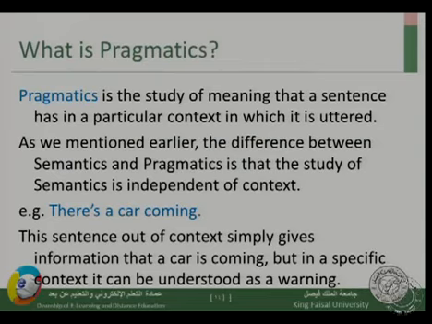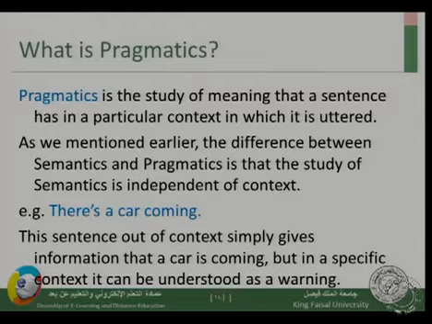Pragmatics is the study of the meaning that a sentence has in a particular context in which it is uttered. So pragmatics is heavily involved with context, with situation, and on the other hand, semantics is not. It is independent of context.